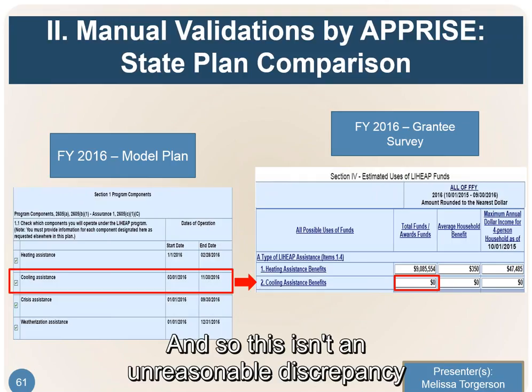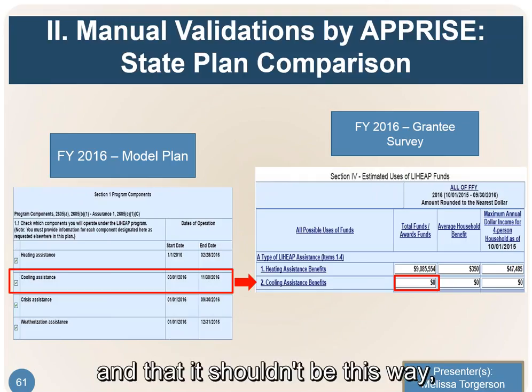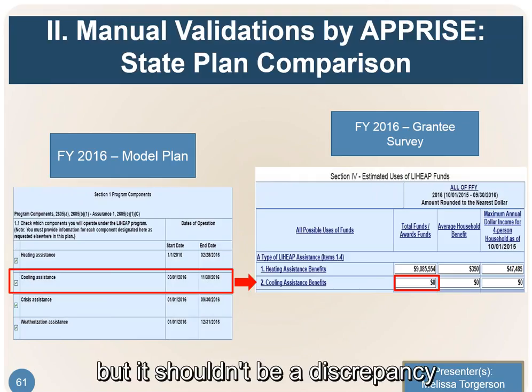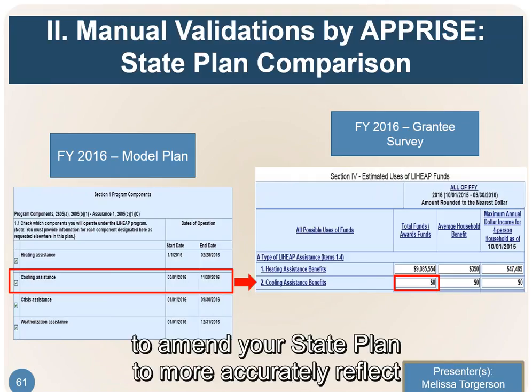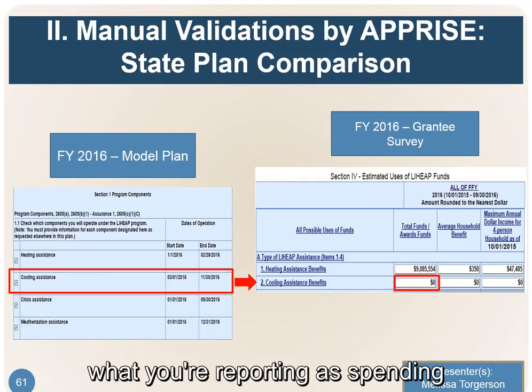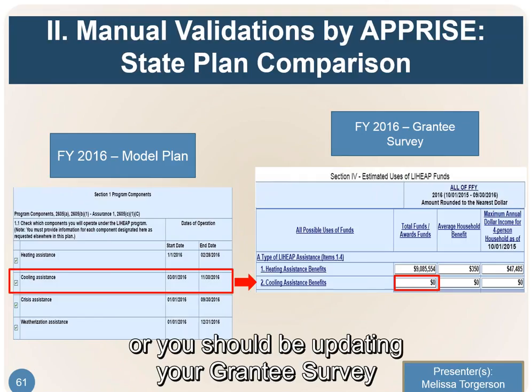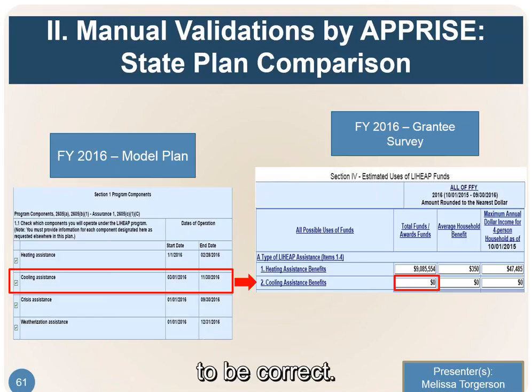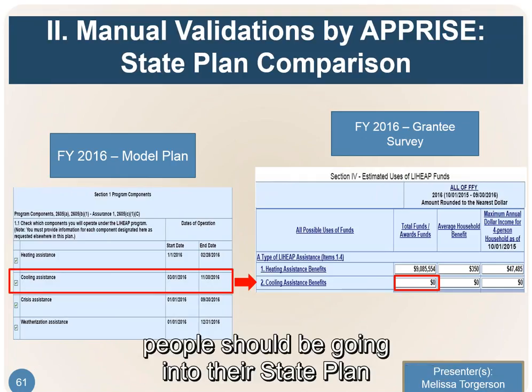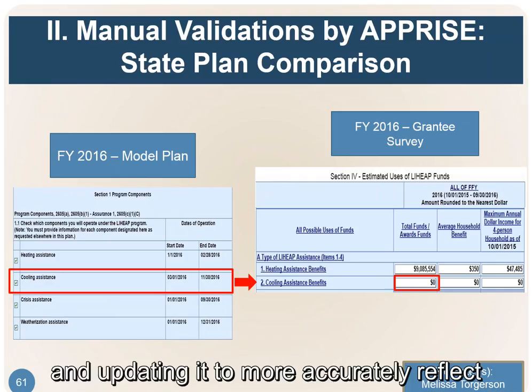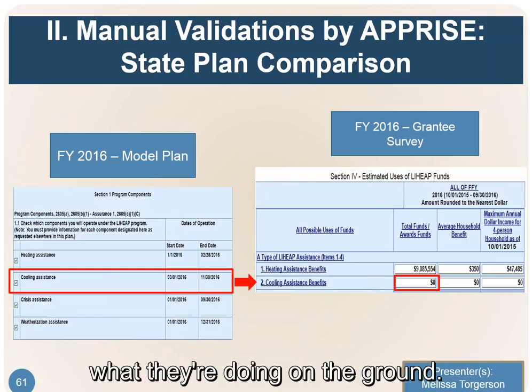And so this isn't an unreasonable discrepancy, but either you should be going back to amend your state plan to more accurately reflect what you're spending, or you should be updating your grantee survey to be correct. But these two should match, and much like the carryover report, people should be going into their state plan and updating it to more accurately reflect what they're doing on the ground.